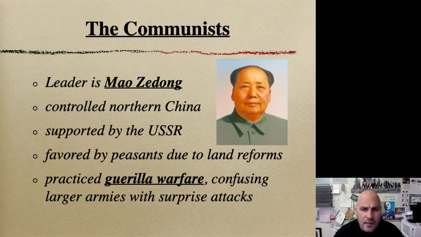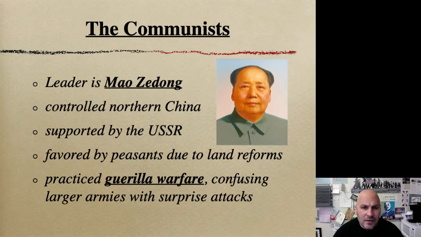And then finally, one of the reasons why they're going to be rather successful in the Civil War is because of the tactics they use to fight against the organized armies of the democratic government, and that's the use of guerrilla warfare.